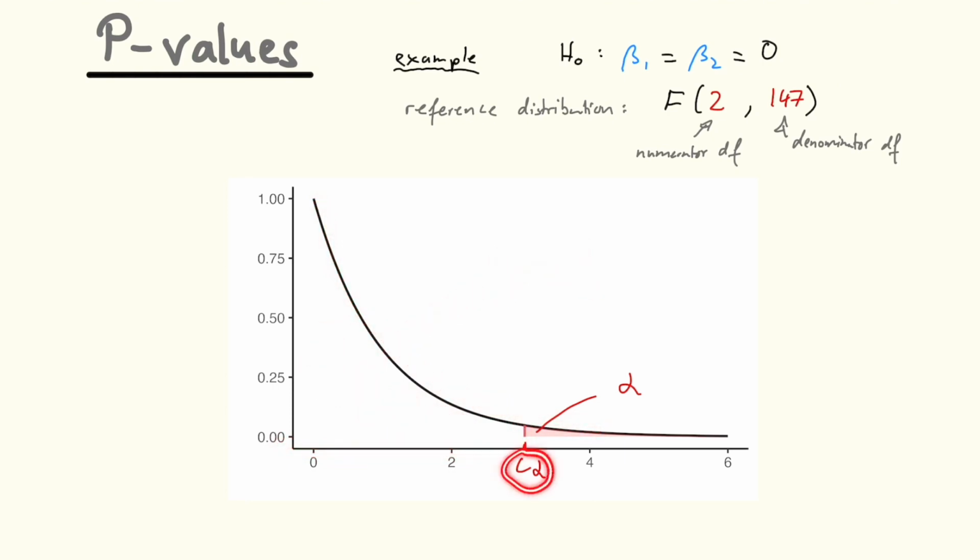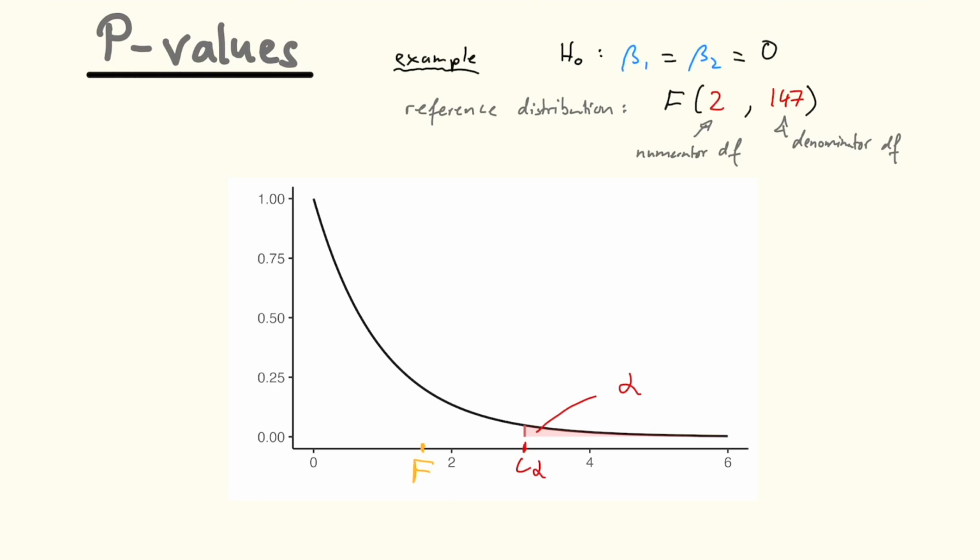I can use this critical value to determine whether the test rejects. I observe the test statistic F. And now if F is below C alpha, I don't reject. If F is above C alpha, then I will reject. Let's suppose F is here, but that I don't know the numerical value of C alpha, so I cannot compare F to C alpha.